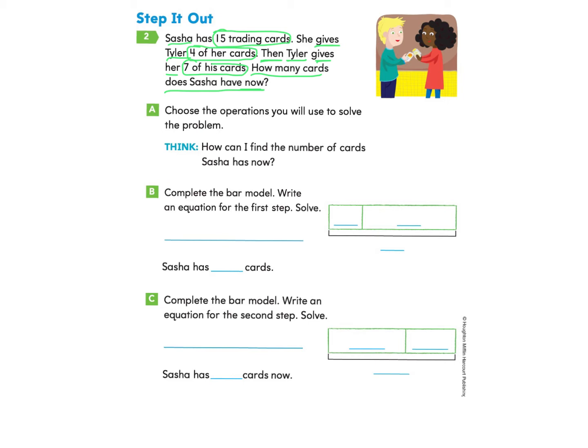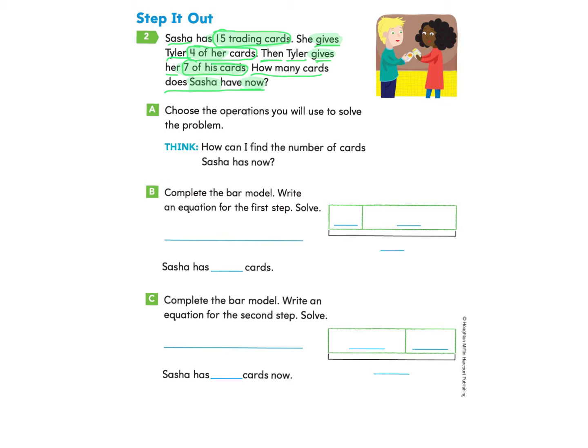So Sasha has 15 trading cards. That's what she starts with. And then she gives Tyler 4 of her cards. Then Tyler takes his cards and he gives her 7 of his cards. So we want to know, how many cards does Sasha have now? So we've read the problem 2 times.